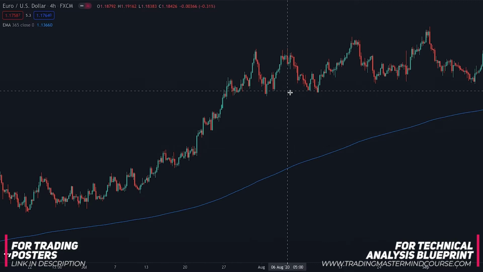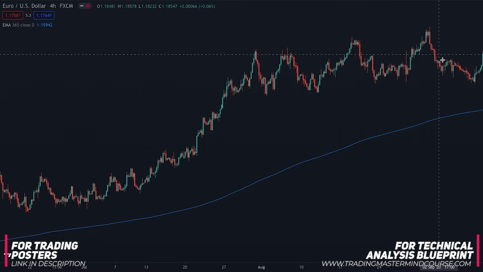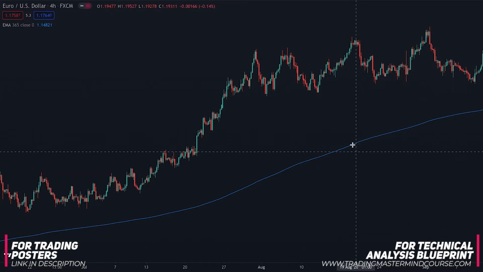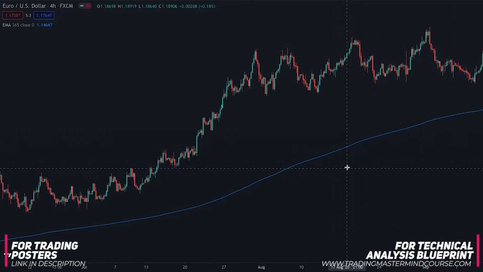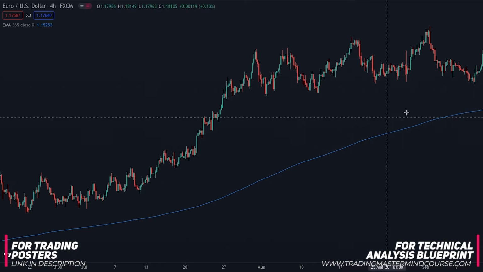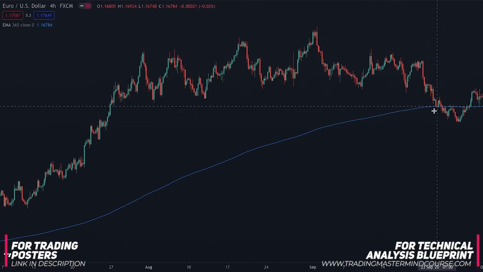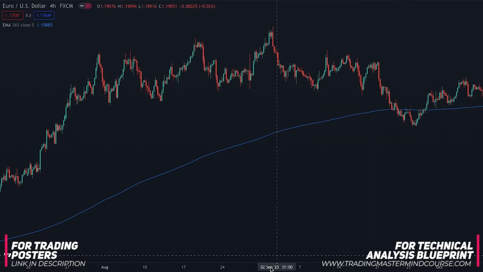So as you can see, price is trading above the moving average. This does not give us any confirmation of what we are looking to do. What we are looking for in particular is a break of the moving average with a retest. Here we have our first break and retest. Let's see how this would have panned out.